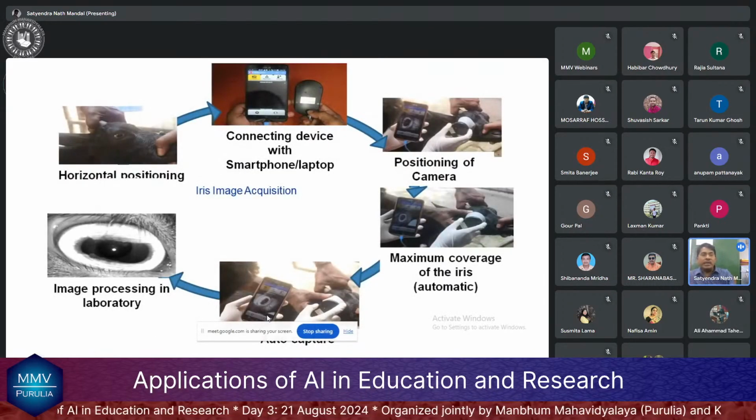Now, this is the way. We set the head horizontally. We capture multiple times. Our objective was to capture as much of the iris as possible without glare. If glare is present, we do not get any pattern.